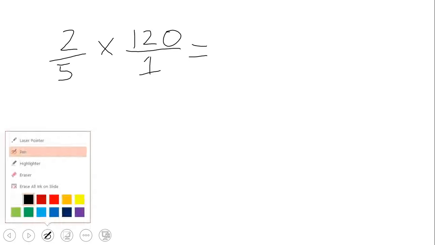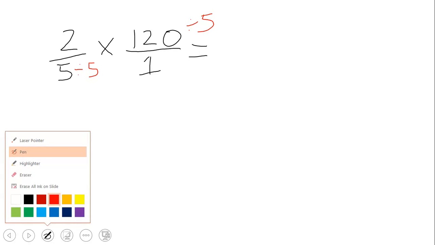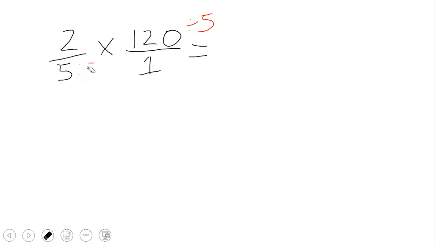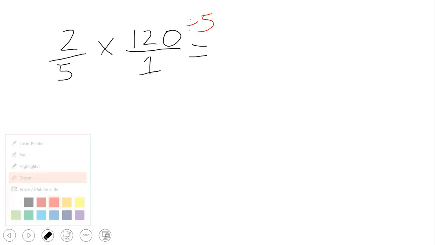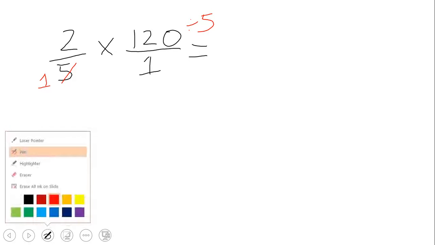We say 5 divided by 5, and 120 divided by 5. Now, what is 5 divided by 5? Indeed, 5 divided by 5 is 1. What about 120 divided by 5?